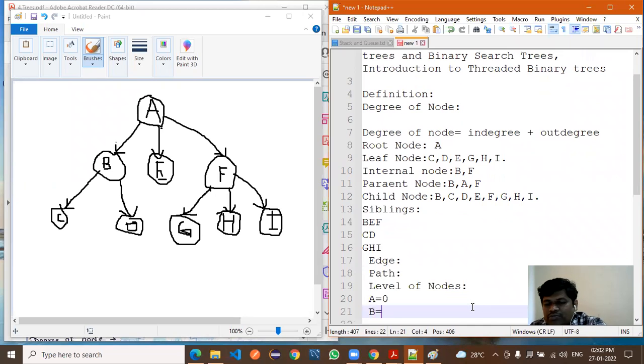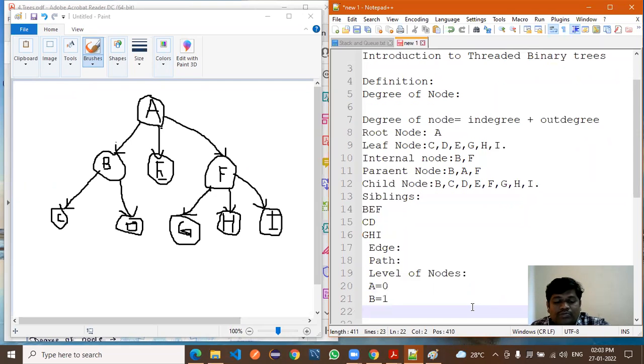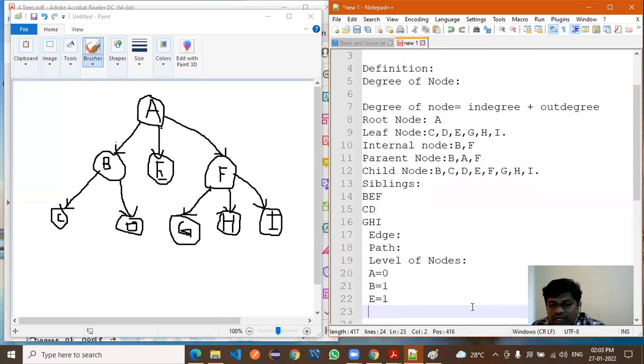Now what is the level of B? 1. Good. Now what is the level of E? 1. Right? Level of a node means the distance from the root node.